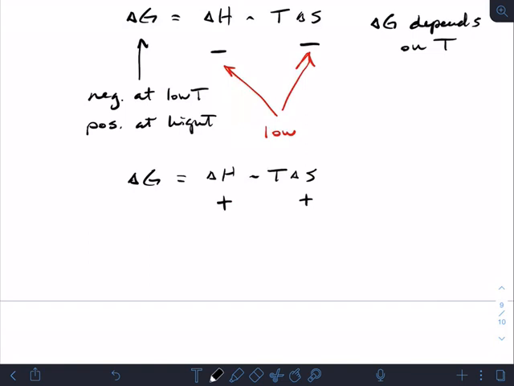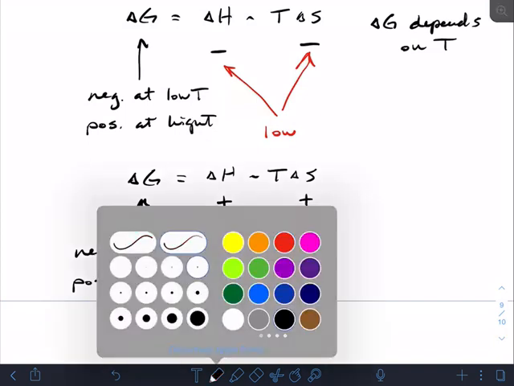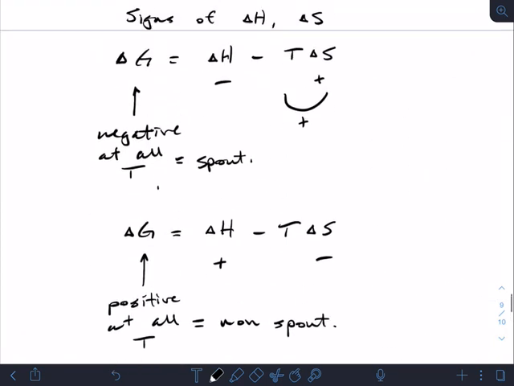Conversely, if these are both positive, delta G is negative at high temperature this time and positive at low. Again, same idea: positive things are large in a very general sense. So when the signs are the same, the sign itself will tell you whether delta G will be negative at high temperatures or low temperatures.